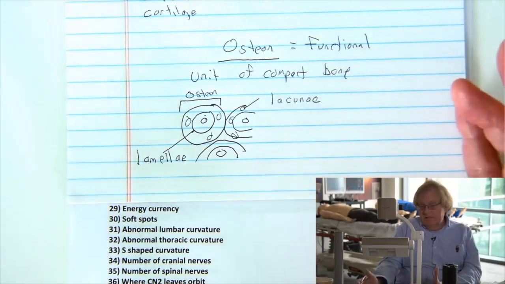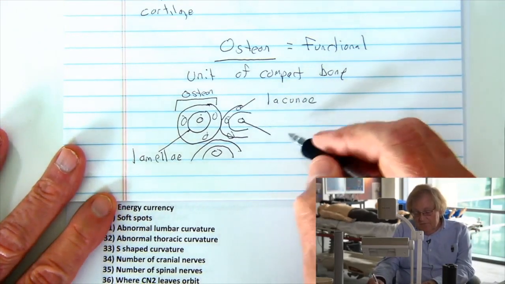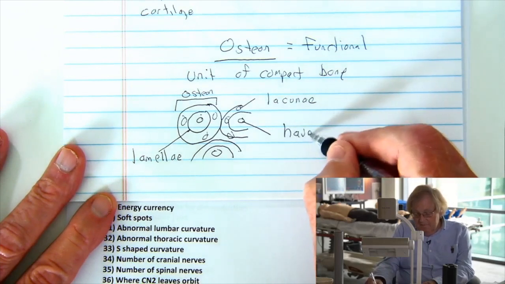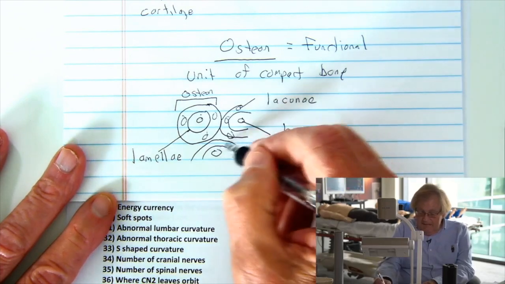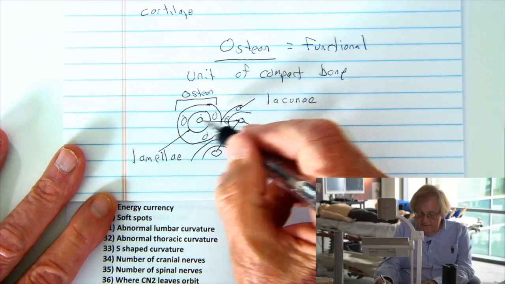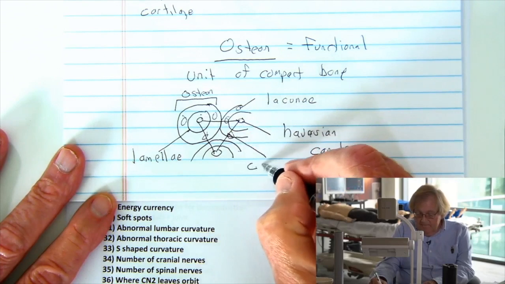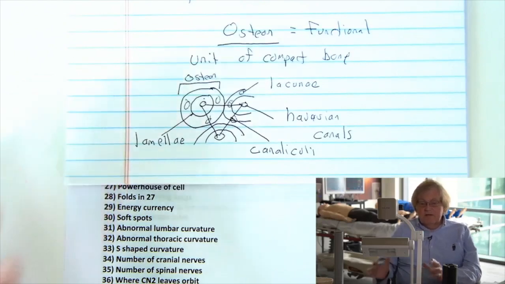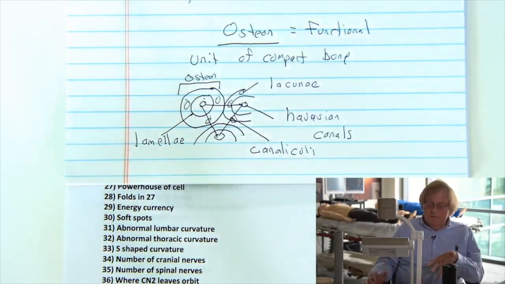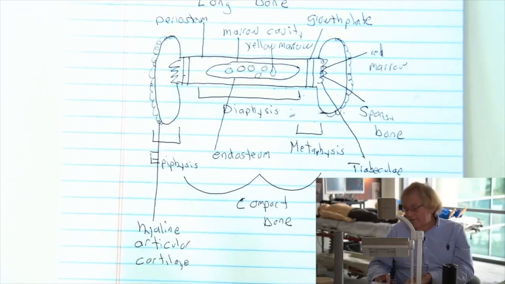And since bone is a living structure, it's got to have a blood supply, so these are called Haversian canals. Then I've got to interconnect Haversian canals with little canals called canaliculi. So again, I'm just trying to help you understand the big picture: microscopically what a bone looks like, and macroscopically what a bone looks like if we were just looking at a bone itself.